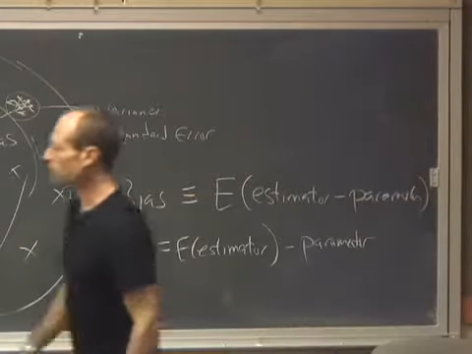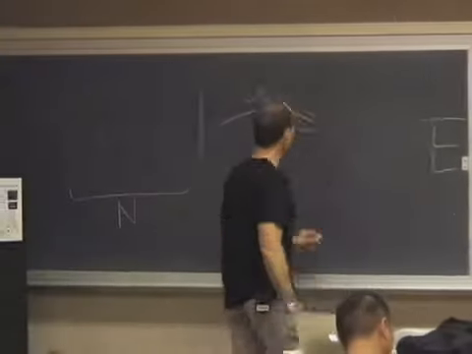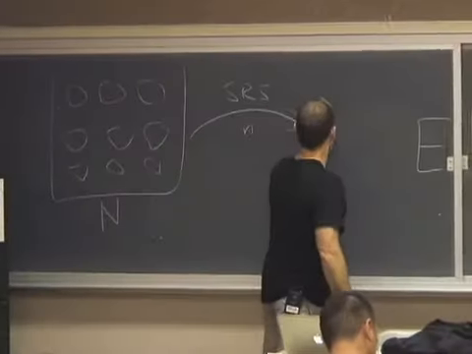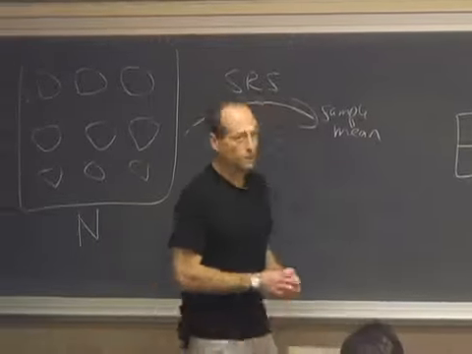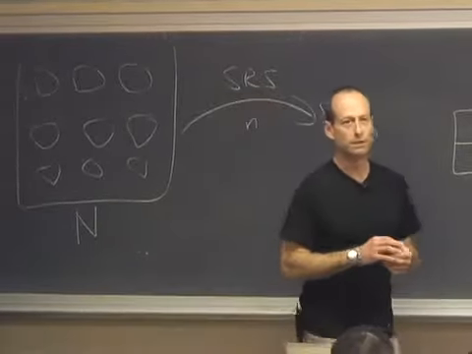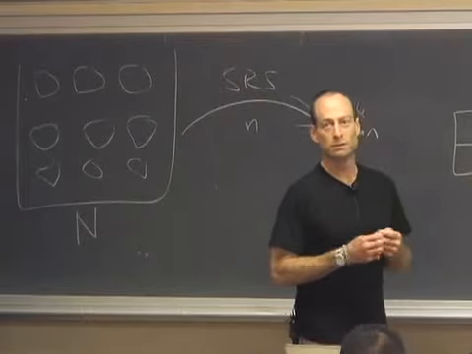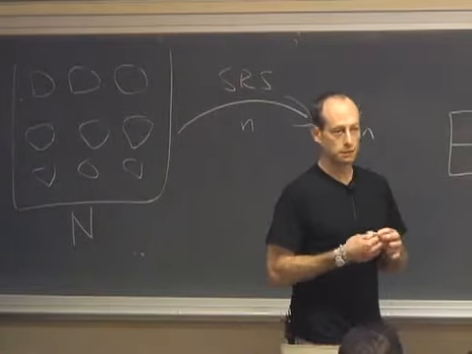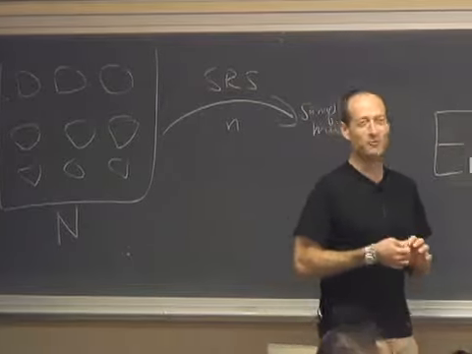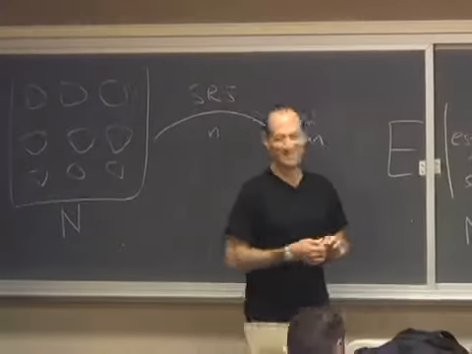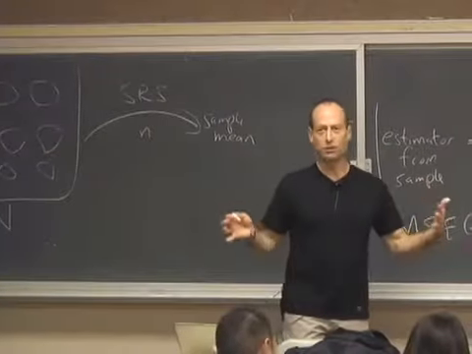So let's go back to thinking about the sample mean. From a simple random sample, what's the expected value of the sample mean for a simple random sample? It's the mean of the numbers in the box. It's the population mean, right?